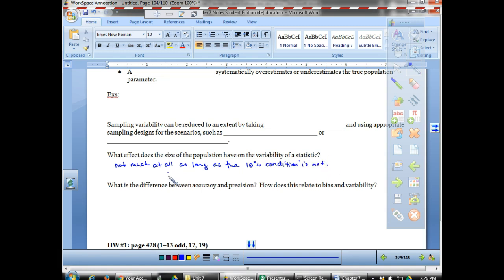And that just means that when you multiply your sample size by 10, it has to be less than or equal to the population size. Okay? Now, what is the difference between accuracy and precision, and how does this relate to bias and variability? So there's two things we're considering here. Accurate means that it's unbiased.